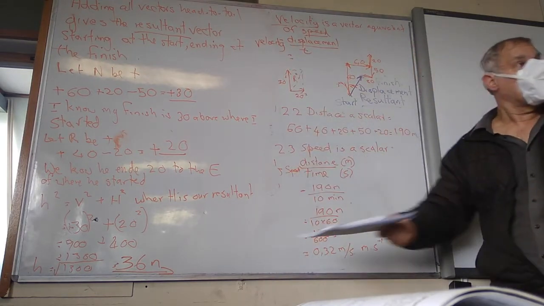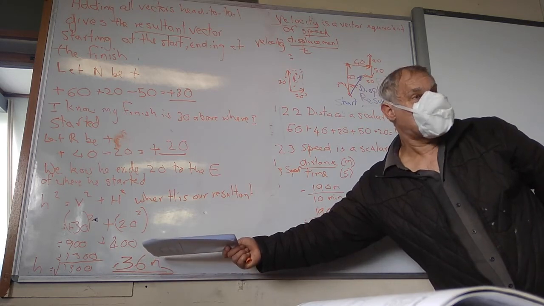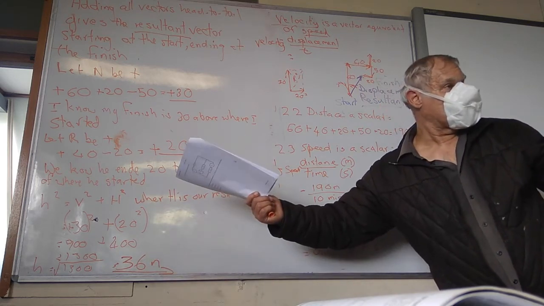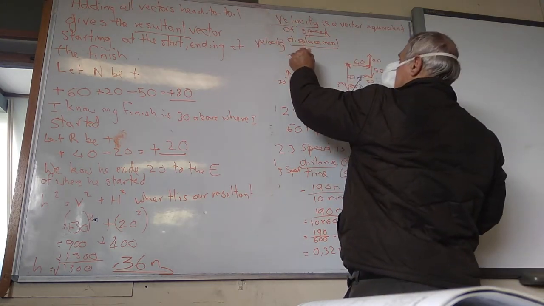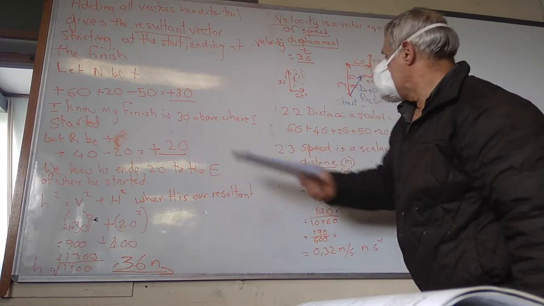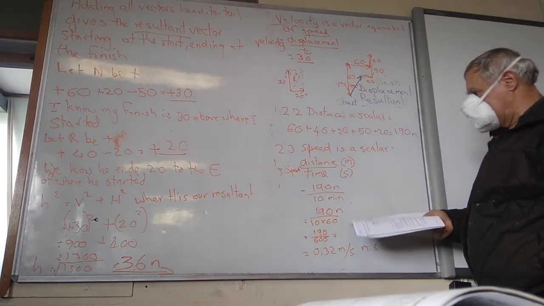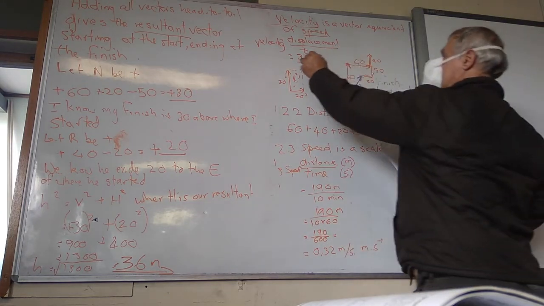Anyone? 36. In other words, the resultant is his total distance that he moved. 36 over, what's the time? Still 10 minutes, which is 10 times 60, so over 600 seconds.